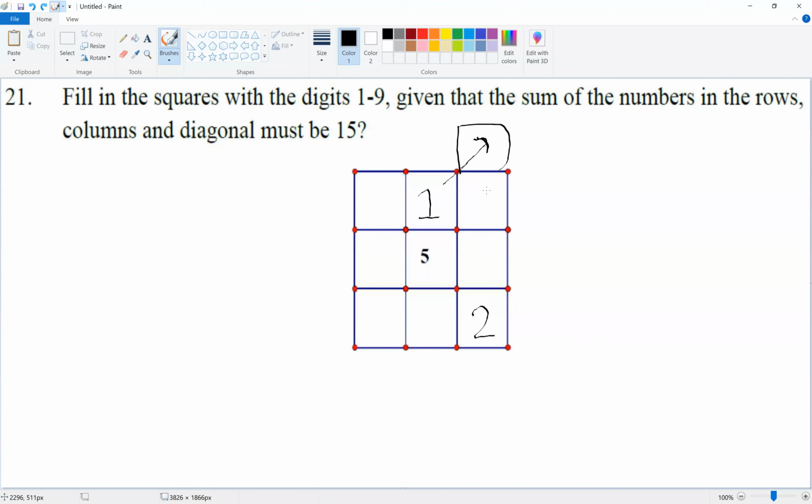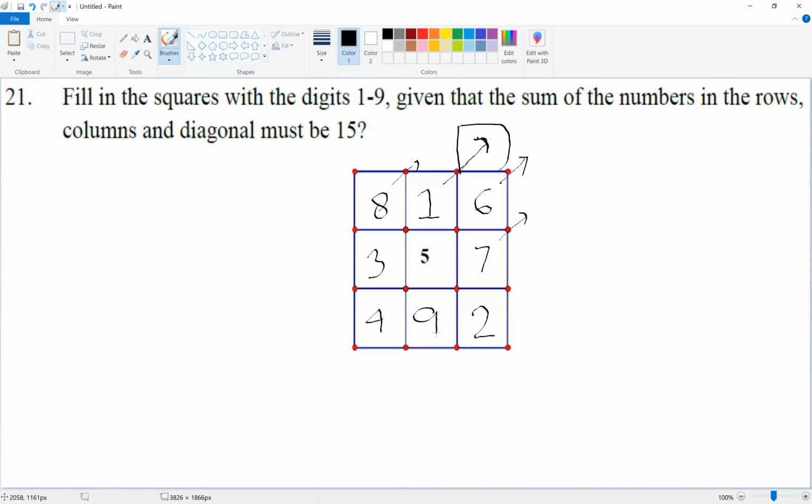So this is 2. This would be 3, 4. 5 is already there. So this would be 6. Then you go here, 7. This would be 8. And this would be 9. So if you calculate all rows, columns will be 15.